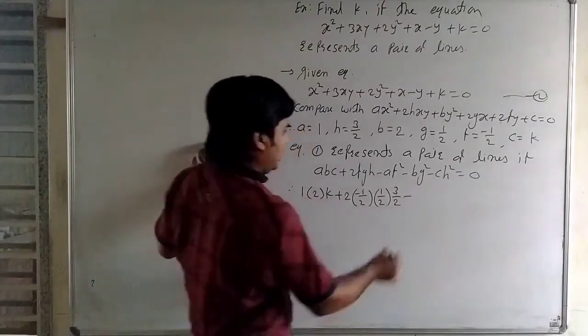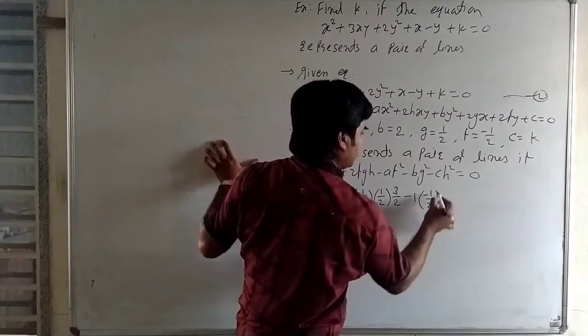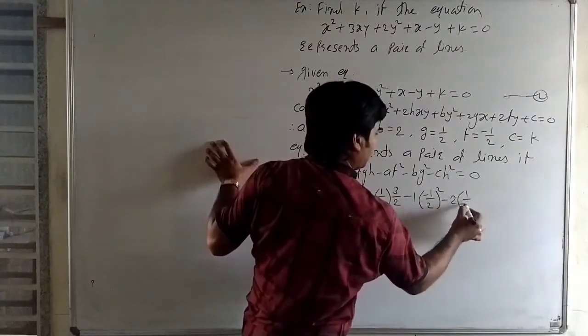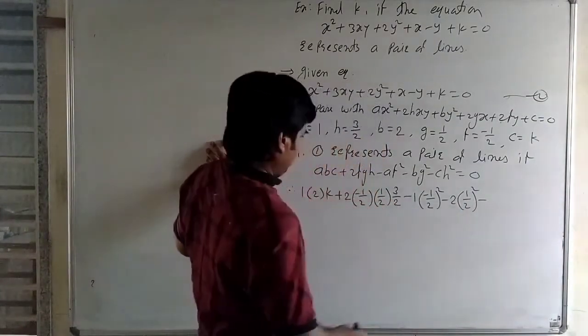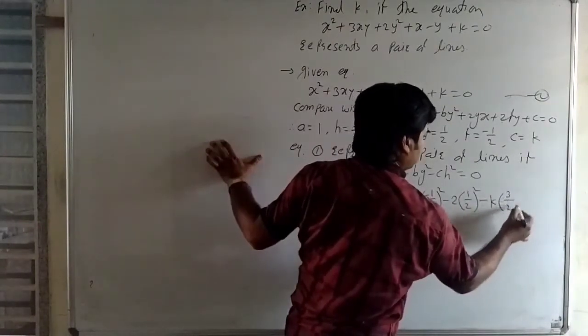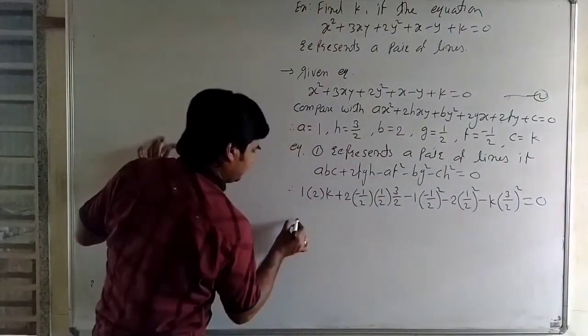Then minus af square 1 into minus 1 by 2 square minus bg square minus ch square is equal to 0. Now calculate.